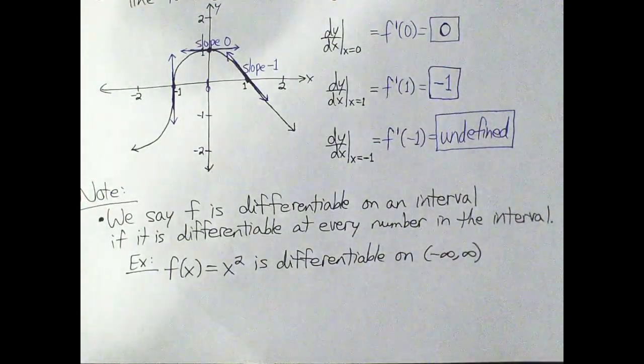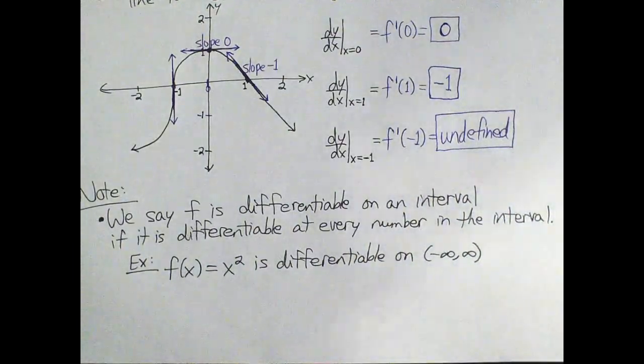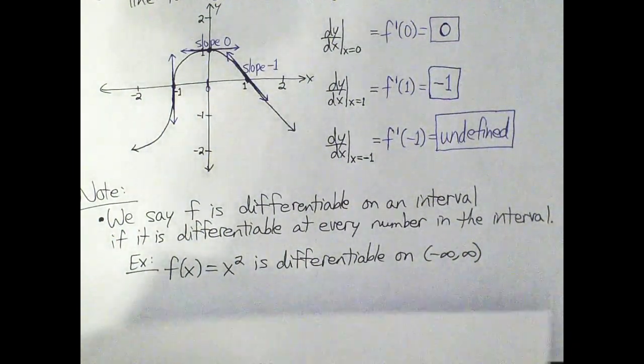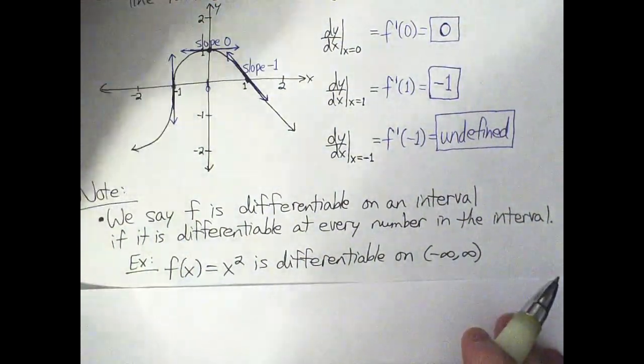The slope of the tangent line exists everywhere for that curve. So that means that it is differentiable at x equals 0, at x equals 1, at x equals 2, at x equals 2.5, at x equals 3.7. Any real number you put in, that function is differentiable.